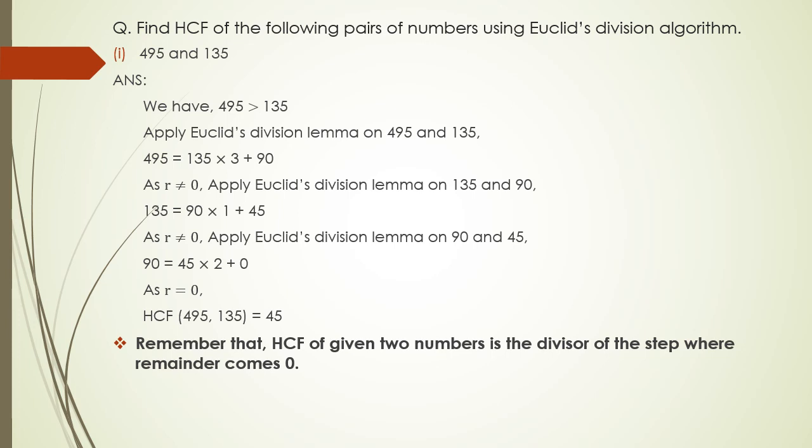Then, whatever HCF of those 2 numbers comes, and the third number which is left, we once again find the HCF of the third number and the answer of the HCF of the first 2 numbers using Euclid's division algorithm. Whatever answer comes is the HCF of the given 3 numbers. I'll give you questions like that in homework. We will see it later on.